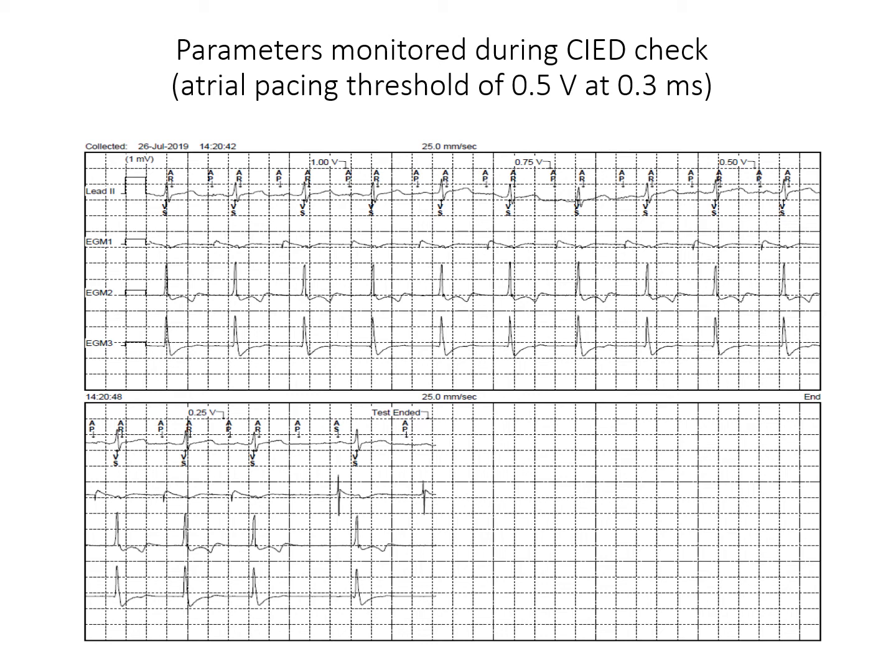The pacing threshold can also be described as the minimum impulse width necessary to pace the cardiac chamber at a constant impulse amplitude. In the presented patient, the atrial pacing threshold is 0.5 volt at 0.3 millisecond.